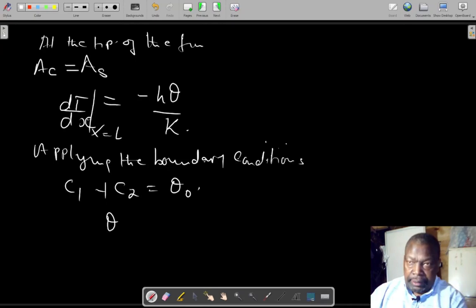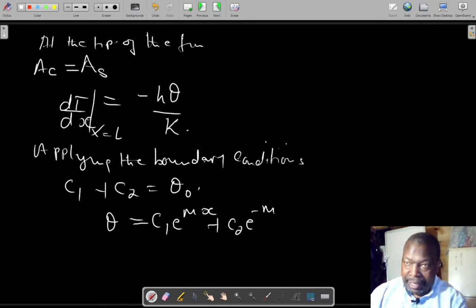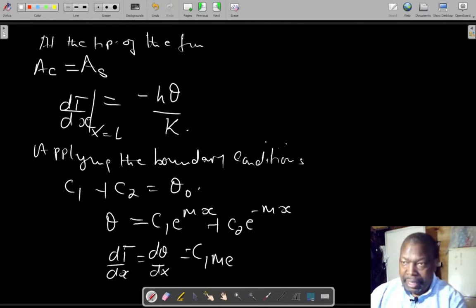Because we know theta is equal to C1 e^(mx) plus C2 e^(-mx), then dT/dx, which is the same as d theta by dx, is equal to C1 m e^(mx) minus C2 m e^(-mx).